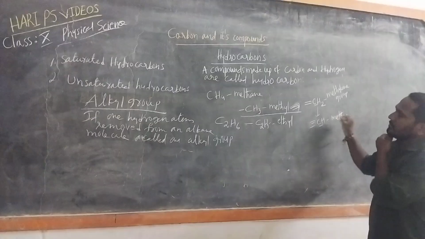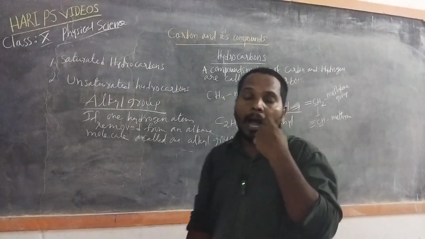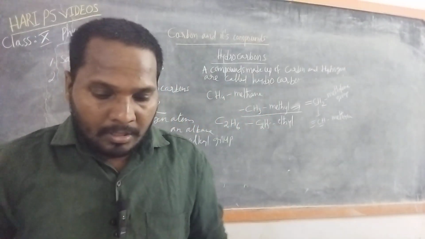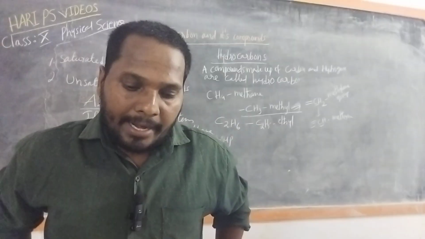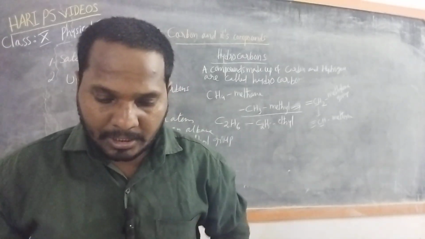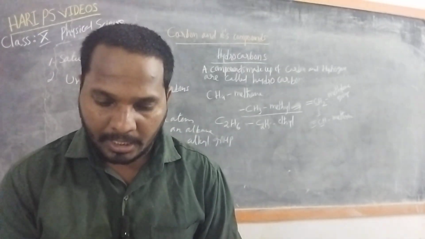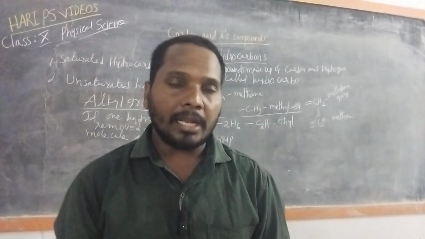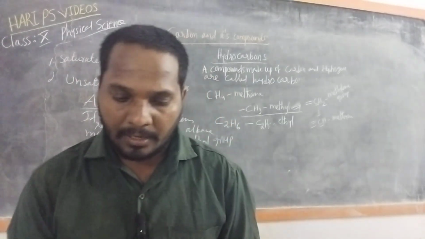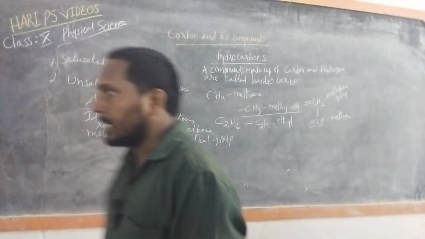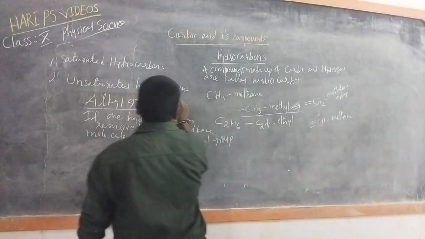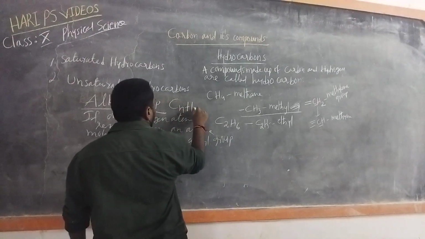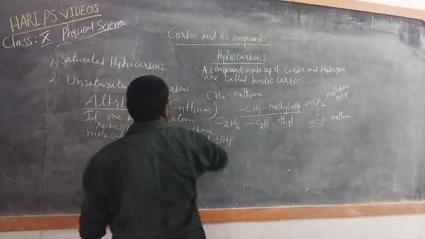So like this, these are called the alkyl groups. The free line shown on the carbon atom of an alkyl group means that one valency of carbon is free. The general formula of an alkyl group is CnH2n+1.